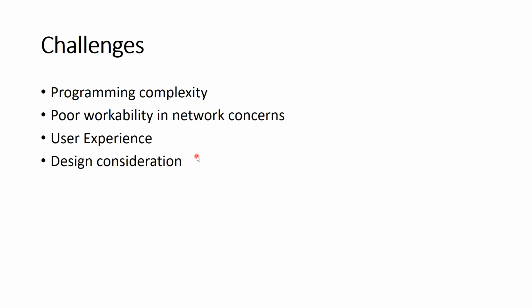Now, challenges. There are certain challenges when you're working with AJAX. There is programming complexity. When you try to write AJAX, you need to write with a JavaScript or jQuery language. Moreover, you have to create an AJAX object. Once you've done that, you need to write down the function and the expression in either JavaScript or jQuery.